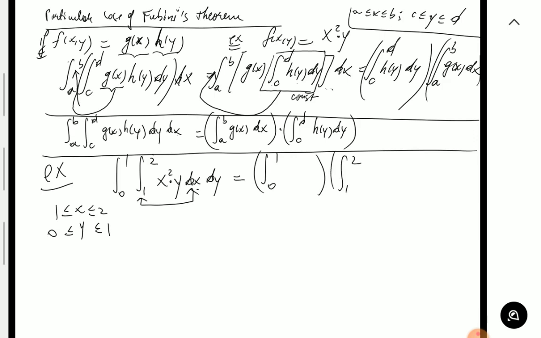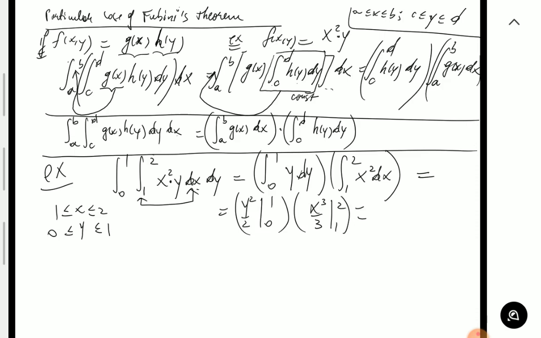The piece in terms of y, from 0 to 1, is just y dy. And the piece in x is x squared dx. Each of them, of course, is much easier, and you could do them at the same time.